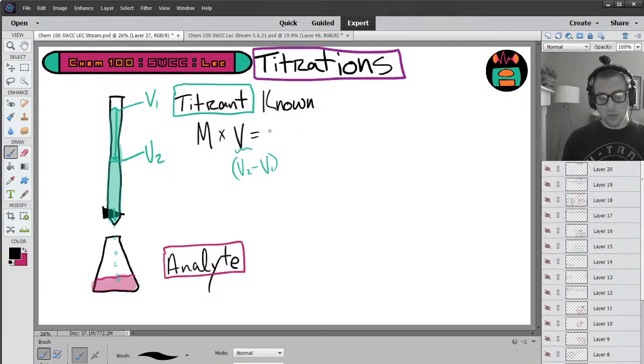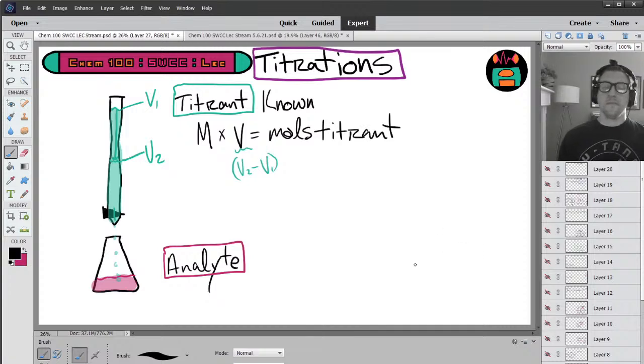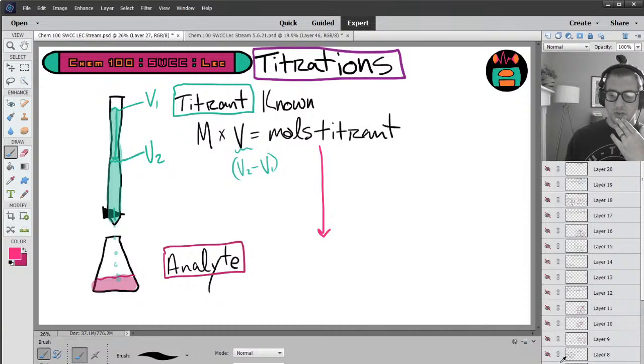Multiplying these together will give us our moles of titrant. And then we can use a balanced chemical equation to go from moles of titrant to moles of analyte.